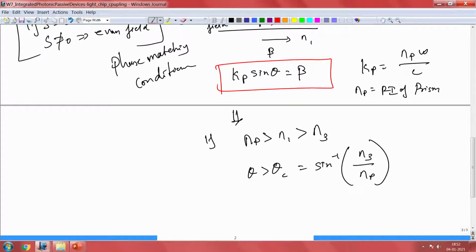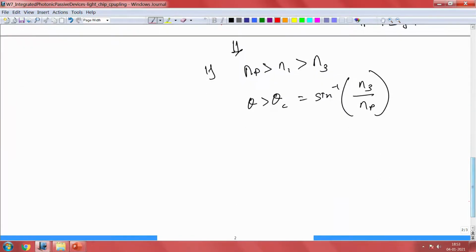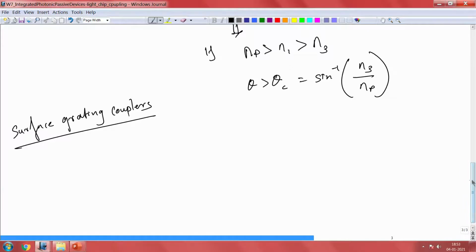But still, if you want to do vertical coupling, the other way to do that is by using grating couplers. It is called surface grating couplers. So, here what we can do is put gratings onto the surface, right.